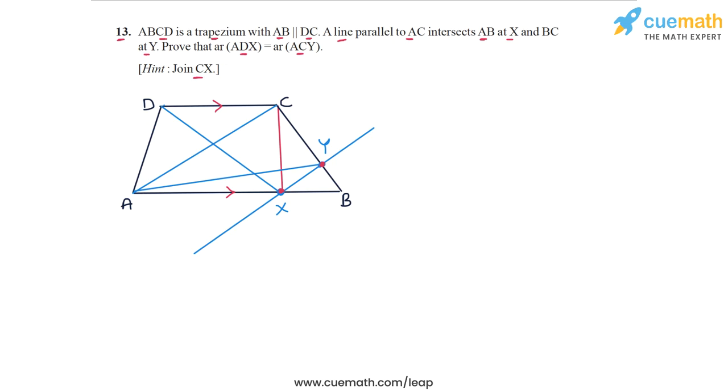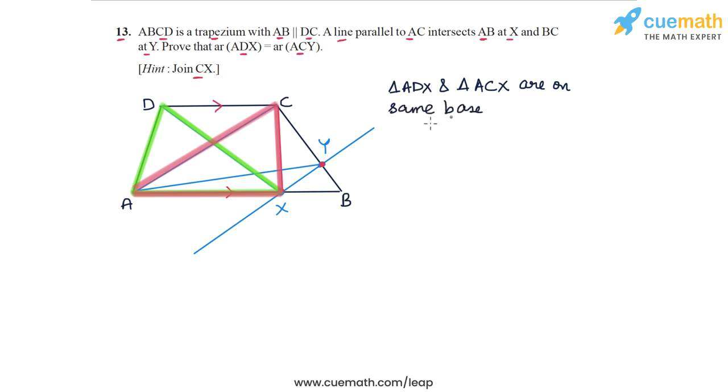Okay, so first we will compare triangle ADX and triangle ACX. So in triangle ADX and triangle ACX, they are on the same base. What is that same base? Observe the figure carefully. That same base is AX.